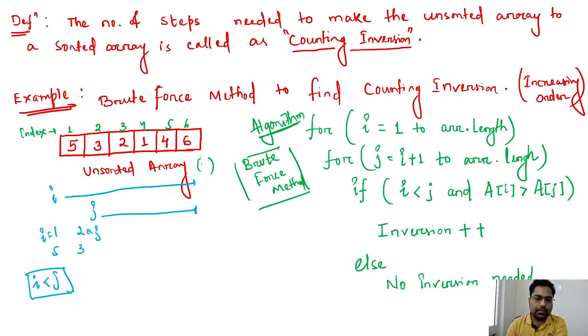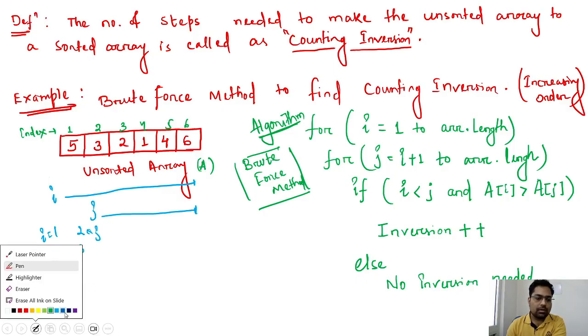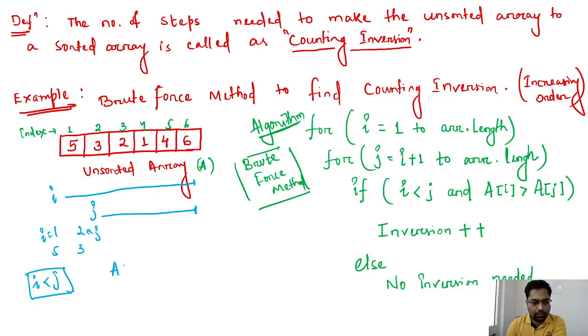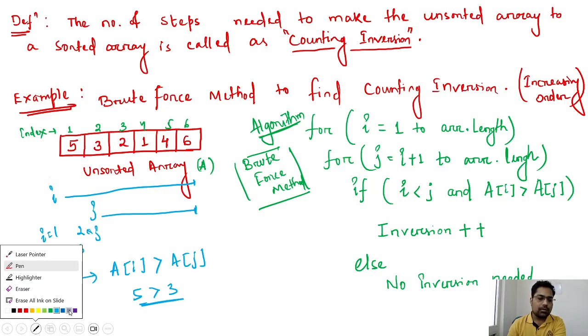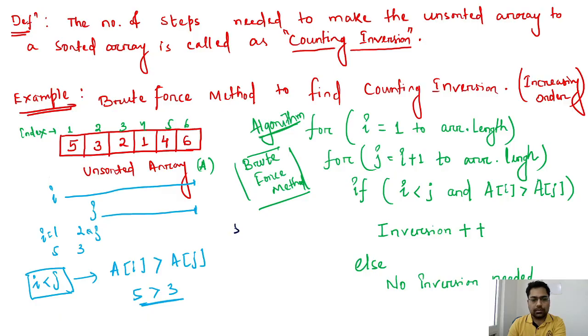If a of i is greater than a of j, then we say inversions plus plus. Here, 5 is greater than 3, yes. If 5 is greater than 3, definitely 3 should be in front of 5, so we write the inversion. Here the inversion will be 5, 3. I must write the inversions in this way.